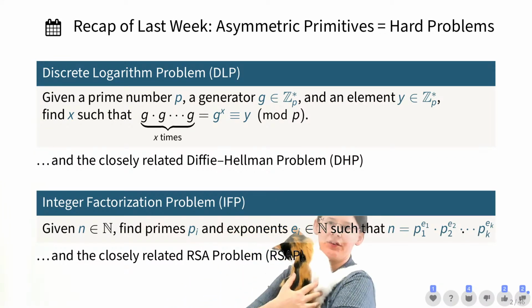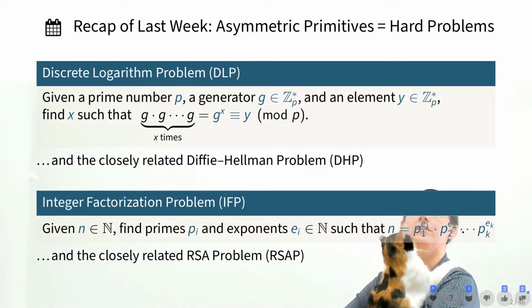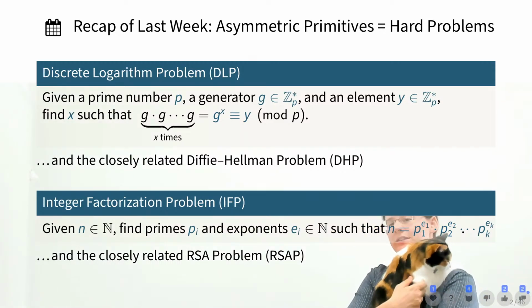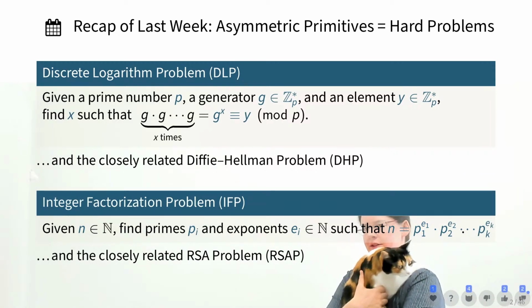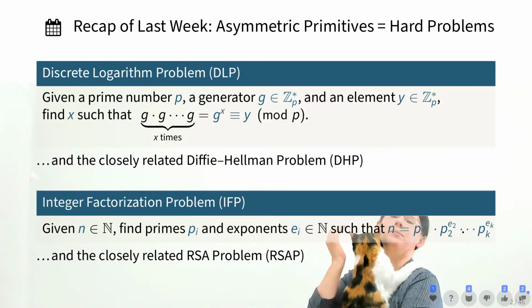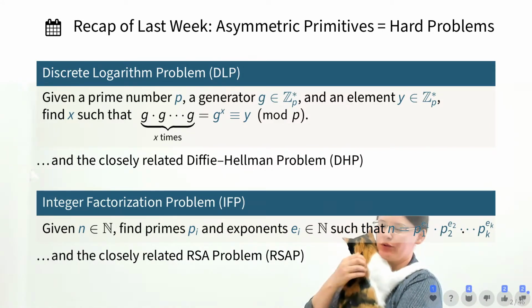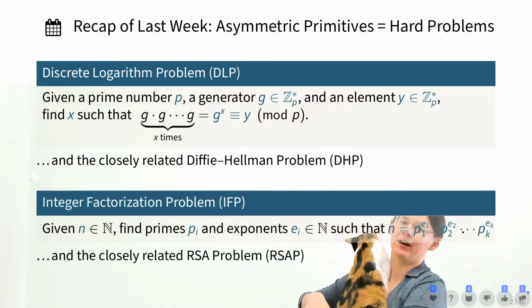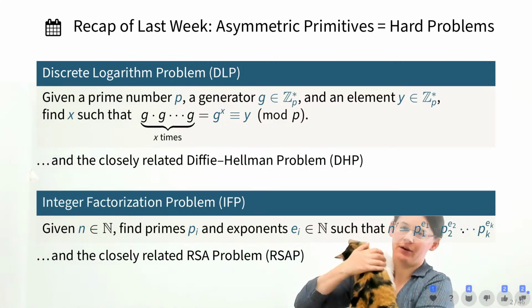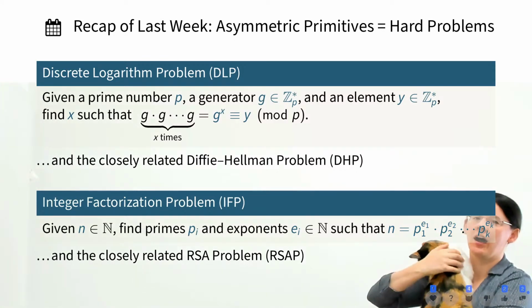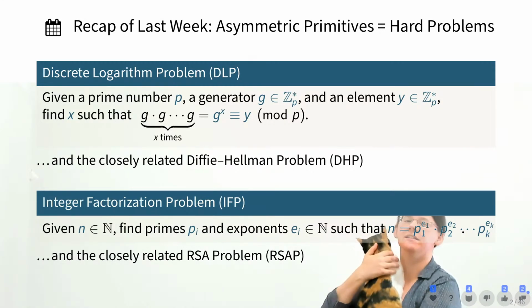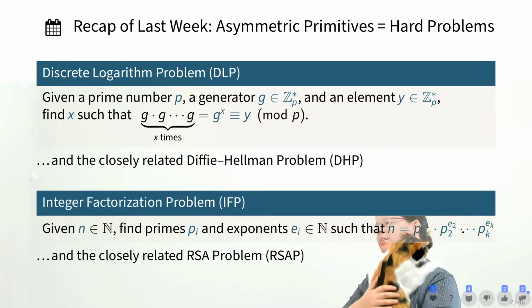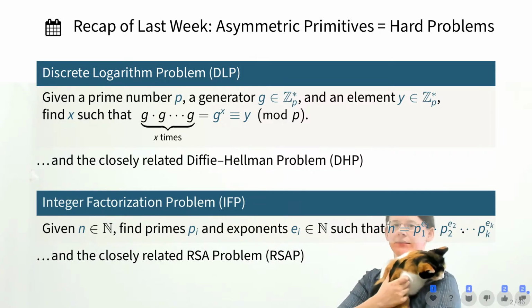We also had a look at another example of a hard problem that is used a lot in cryptography, and that's the integer factorization problem, or IFP, where we are given a number and we want to factor it into its prime factors. Specifically, we looked at the case where the number is the product of exactly 2 large primes, and we want to find exactly those 2 large primes. We said that this is closely related to the RSA problem of finding the message from an RSA-encrypted ciphertext and the public key.